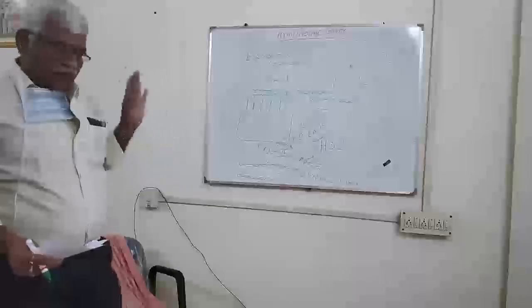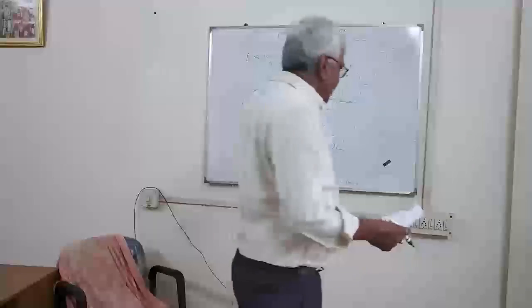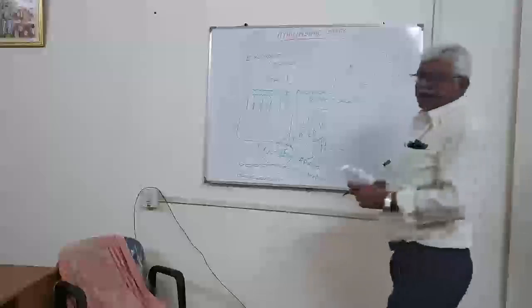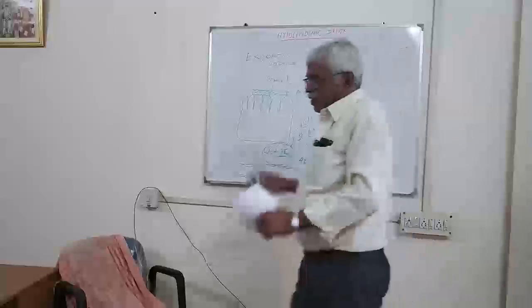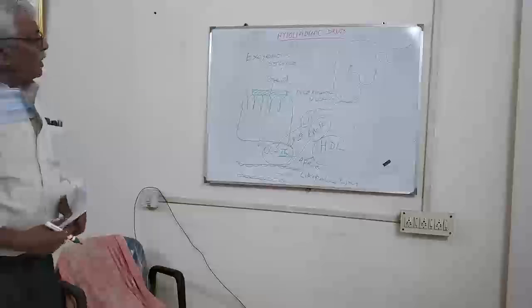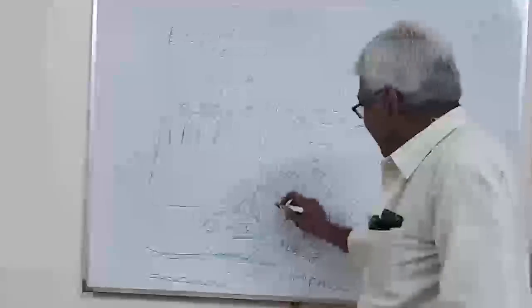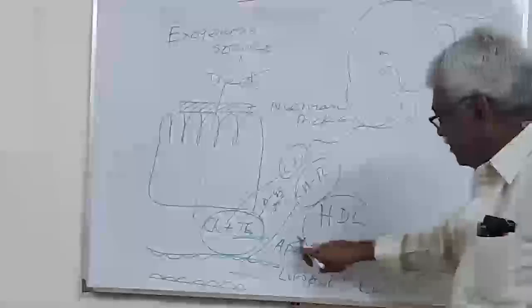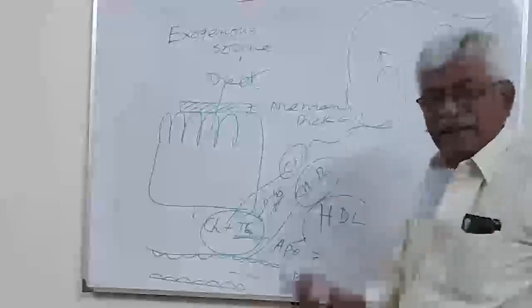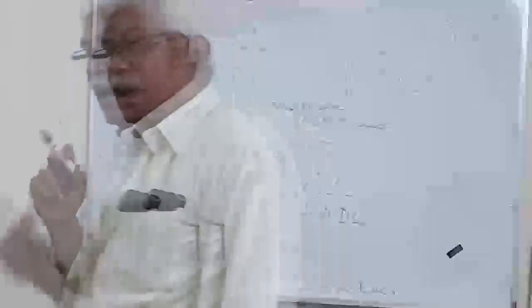The cholesterol, triglyceride, and the cholesterol esters, the neutral lipids, are insoluble in water. In order to make them soluble in water, they have to combine with the lipoproteins. Now, what are the lipoproteins responsible for the movement of the triglyceride and the cholesterol which is generated from the diet? It involves B48 and it produces the chylomicron. It goes to the circulation. In the circulation, it receives ApoC from the HDL. This ApoC is involved in the activation of lipoprotein lipase.